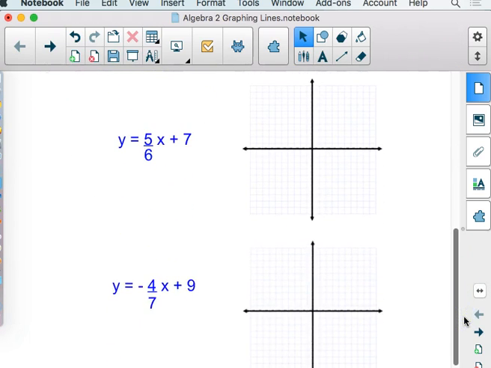Y equals 5/6 x plus 7. What are you doing? Going up 7? Then what? I can't go up 5.